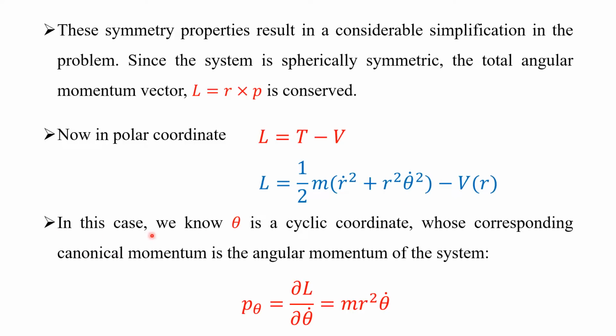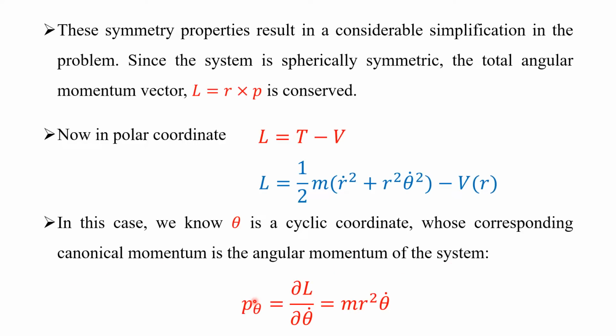In this case, as I have just explained, theta is a cyclic coordinate because of the spherical symmetry; the Lagrangian is independent of theta. So theta is a cyclic coordinate whose corresponding canonical momentum is the angular momentum of this system.